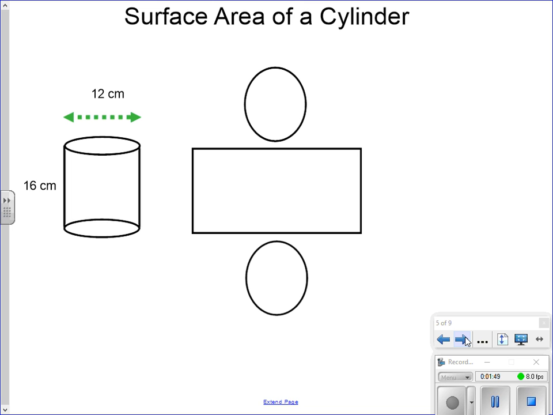Here is the exact same situation. We've got a cylinder which has over here a height of 16 centimeters. And it looks like the diameter, which is the distance across the circle, is 12 centimeters. So the diameter is 12 centimeters. So let's first find the area of the circle, which would be the exact same on the top and the bottom.